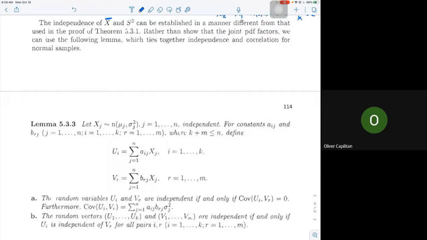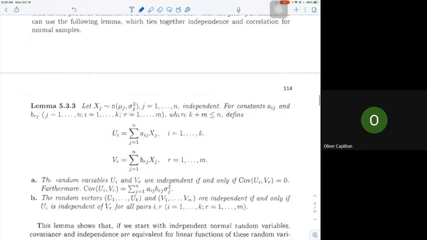We let X sub j have a normal distribution with mean mu sub j and variance sigma sub j squared, j from 1 up to n, and these are independent random variables. So the constants a sub ij and b sub rj, j from 1 up to n, i from 1 up to k, r from 1 up to m, where k plus m is less than or equal to n. Then we define these random variables, U sub i.